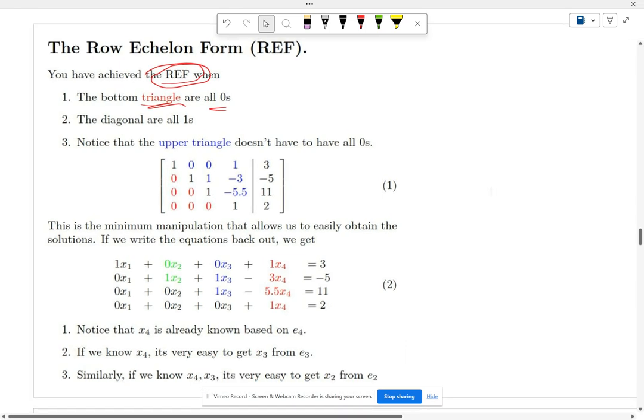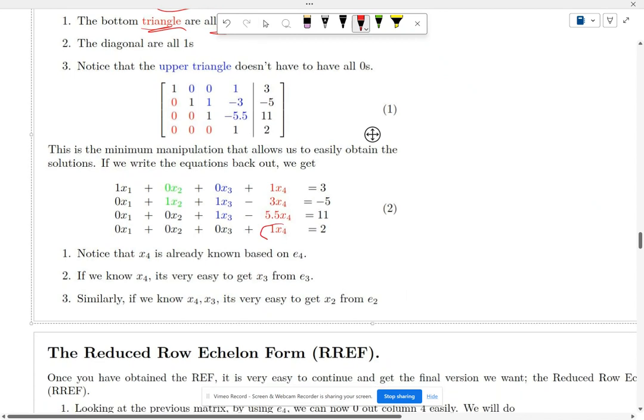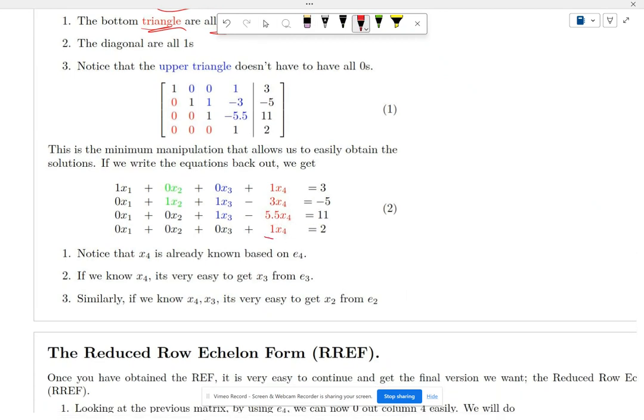How is that? Let's say we start with this one. We know what x4 is just by looking at this equation, because everything else is 0. So we can solve for x4. Now we can plug this x4 here. If we know everything here, these are just constants, so we can solve for x3.